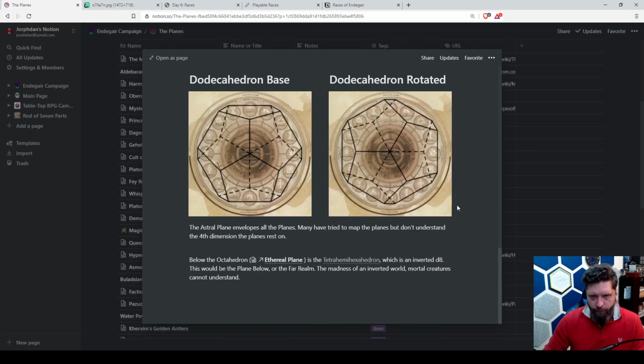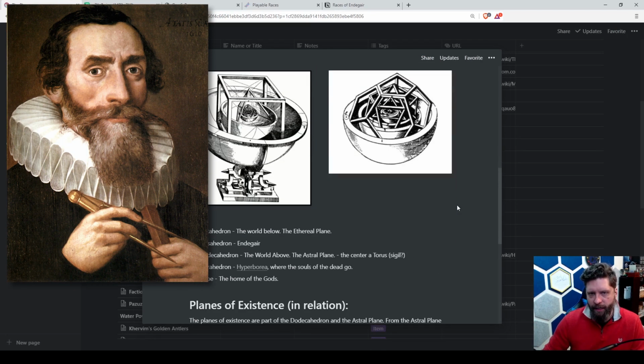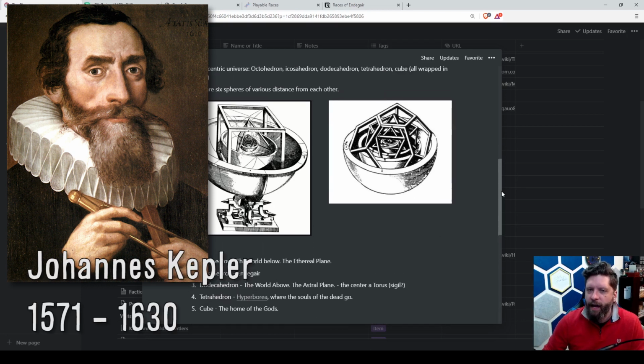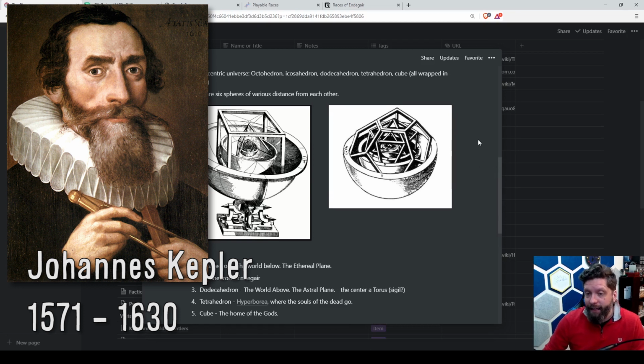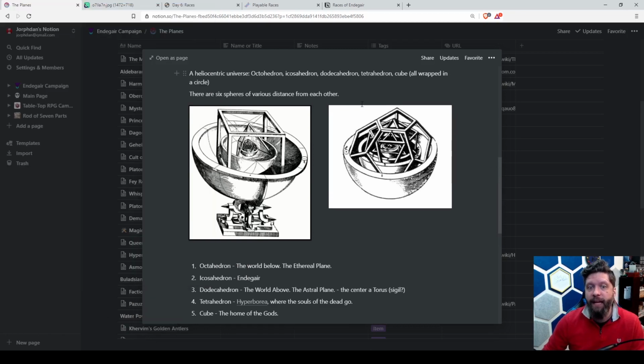And specifically, Kepler, the mathematician, astrologer, great guy from the 1500s, I think, believed that the Platonic Solids kind of defined the universe. He thought that a tetrahedron was wrapped around a dodecahedron, and a square was wrapped around the tetrahedron, and so forth, creating this shell of the world.